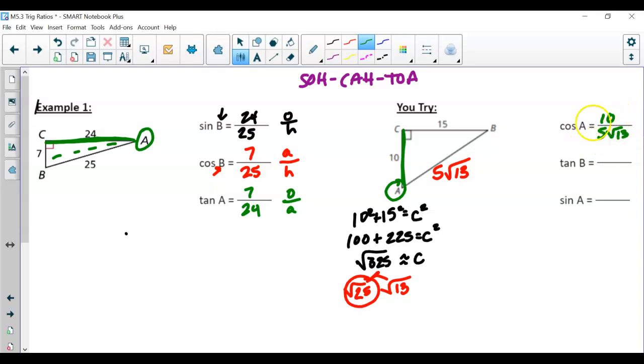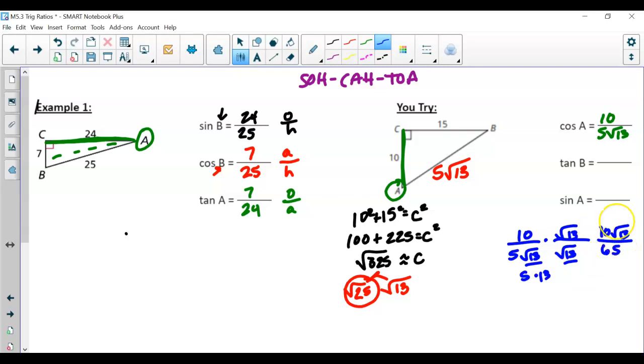However, you can't leave this in the radical form, right? So this was tricky. This is 10 over 5 radical 13, right? But you can't leave the radical. So this is radical 13 over radical 13, which gives you 10 radical 13 over... Remember, that's just going to cancel out to give you 5 times 13, which is 65.